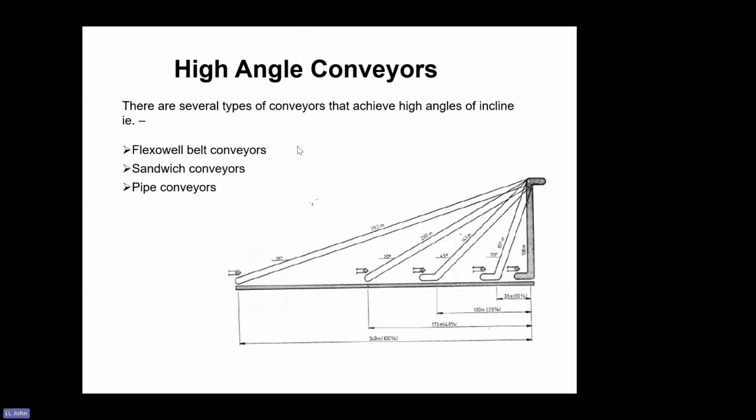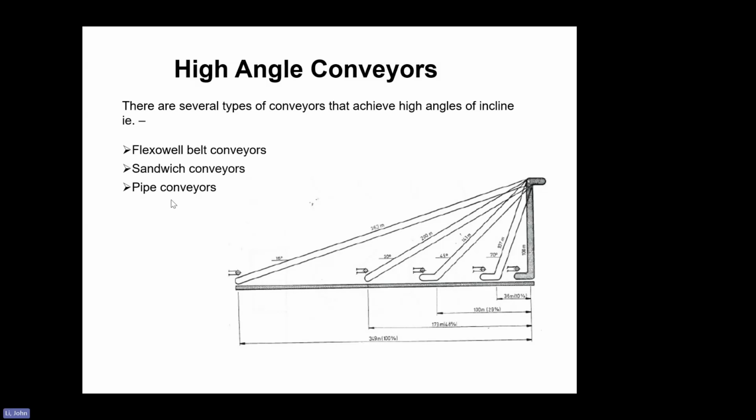Okay, the second one is the high angle belt conveyor. Mainly, we have flexwell belt conveyors, sandwich conveyors and pipe conveyors. Most we use is the flexwell belt conveyor in industrial applications.